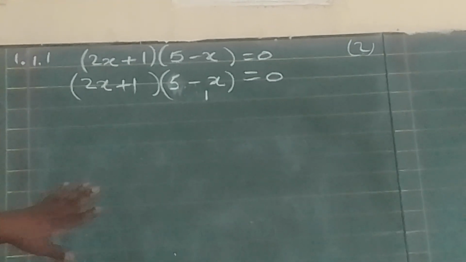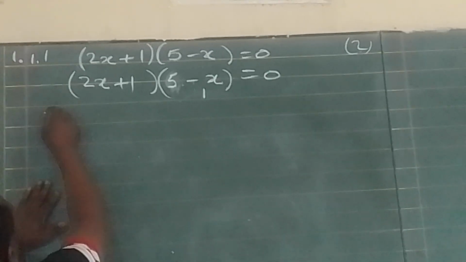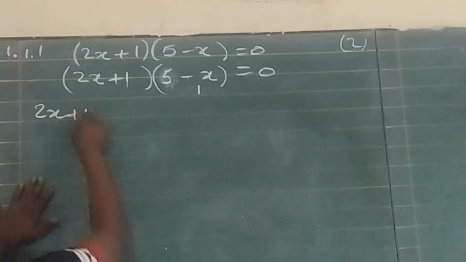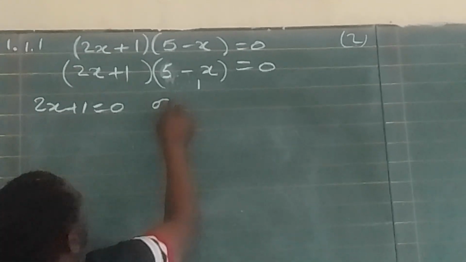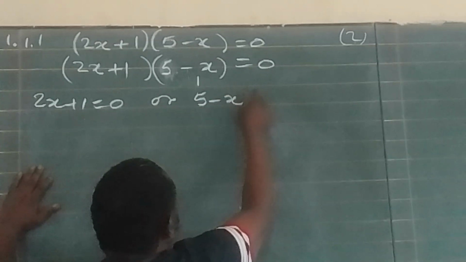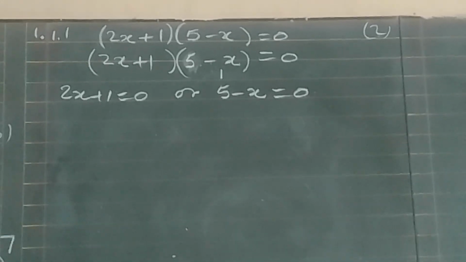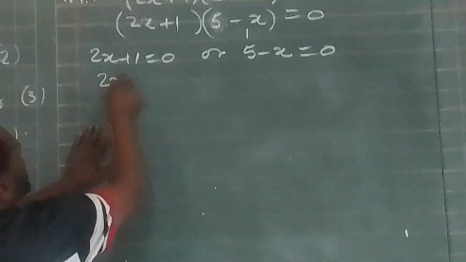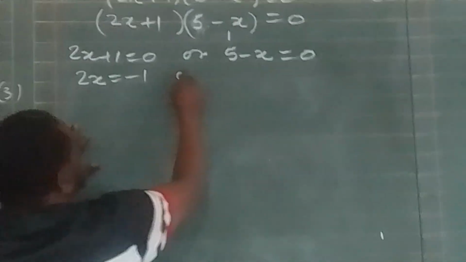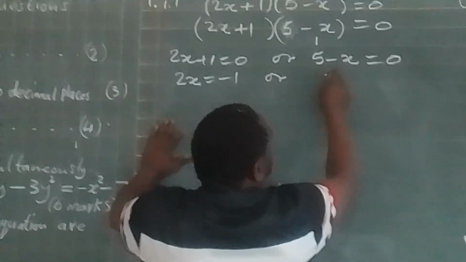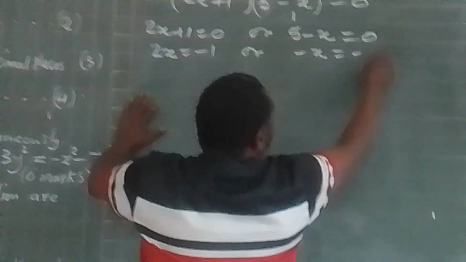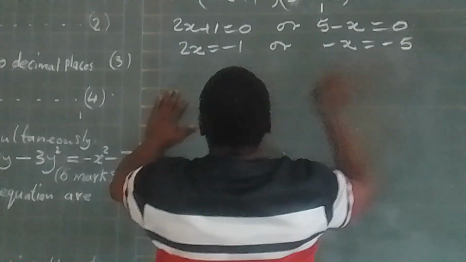Right, if you have something like this, you can go straight forward and say 2x plus 1 is equals to 0, or 5 minus x is equal to 0. 2x is equals to minus 1, or minus x is equals to minus 5.